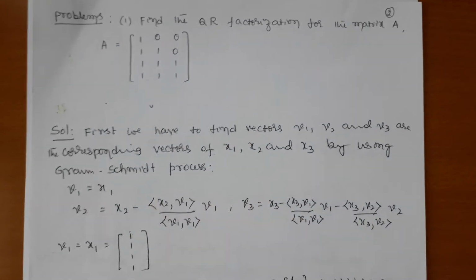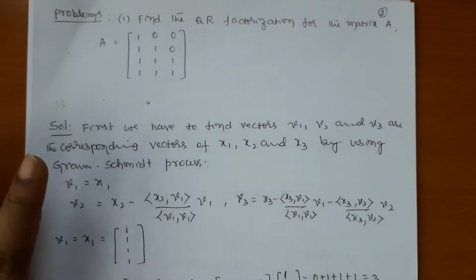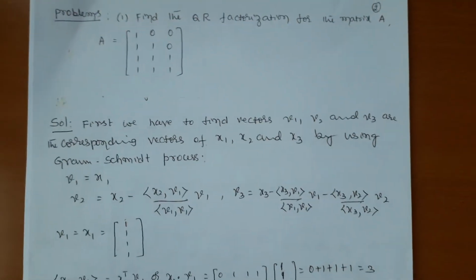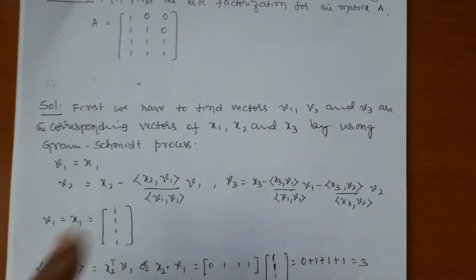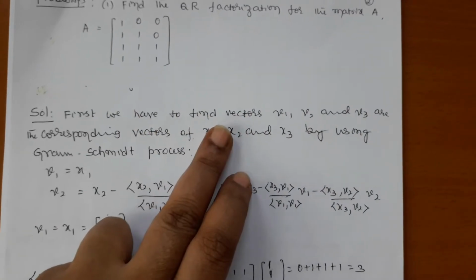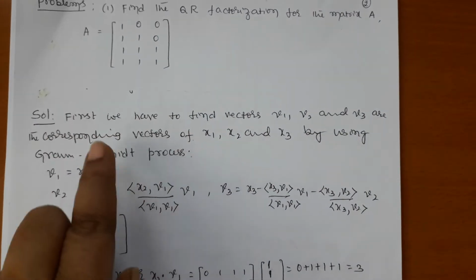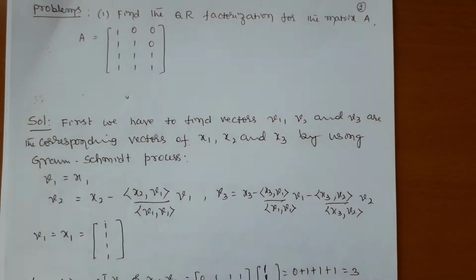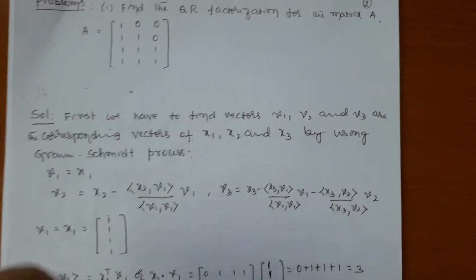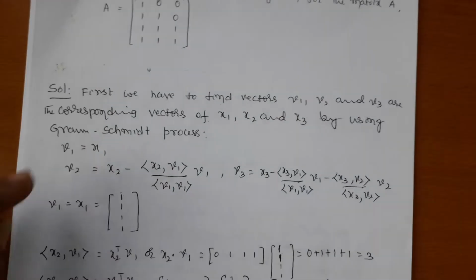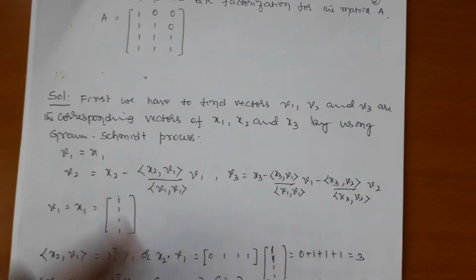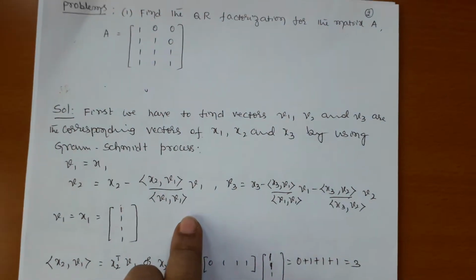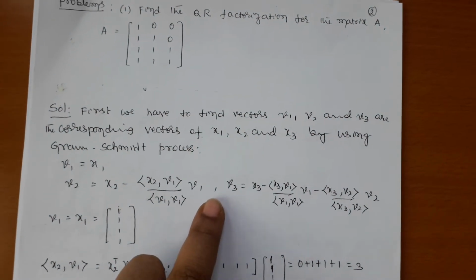I already discussed this problem in the Gram-Schmidt process, but I am going to explain it again as a revision. First we have to find the vectors V1, V2, V3 corresponding to X1, X2, X3 by using the Gram-Schmidt process. You know the formulas, you are already familiar with them. V1 is equal to X1. What is V2? V2 equals X2 minus the inner product of X2 and V1 divided by the inner product of V1 and V1, times V1.